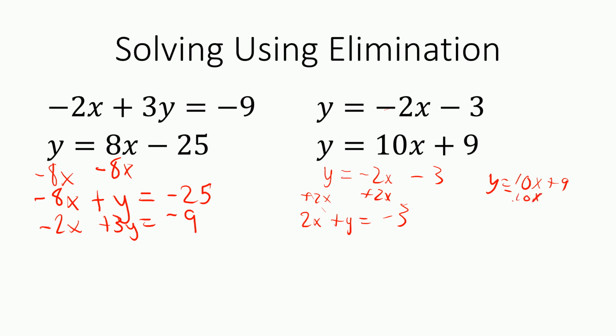Subtract 10x, subtract 10x. Negative 10x plus y equals 9. And then I could rewrite that maybe over here and start my process of elimination. This one I would just have to subtract, and I would eliminate y, and then I could add these two, or subtract these two, I guess it would be, and find my values.